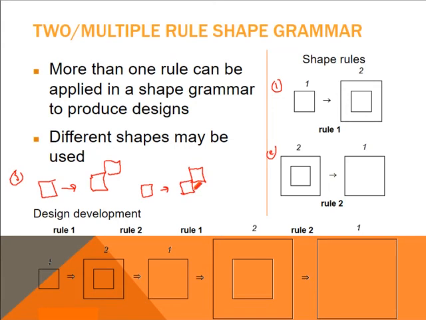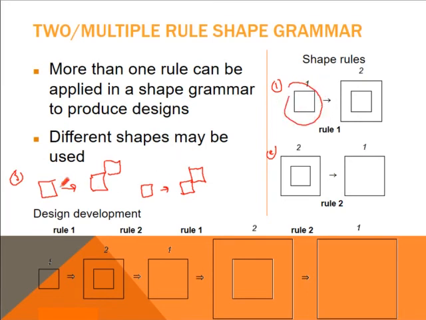As long as the shape is similar. So now you can see that between rule number one and rule number three, the object on the left, okay, this object and this object, it's the same.